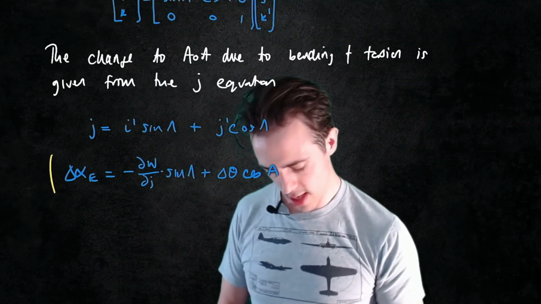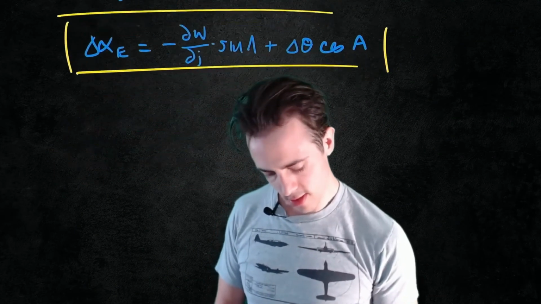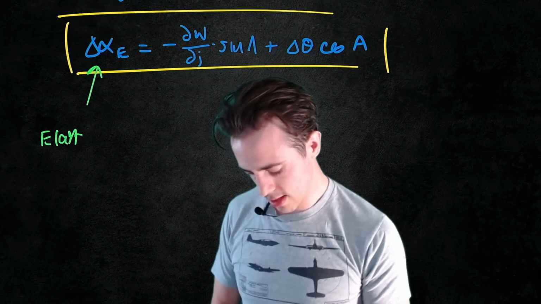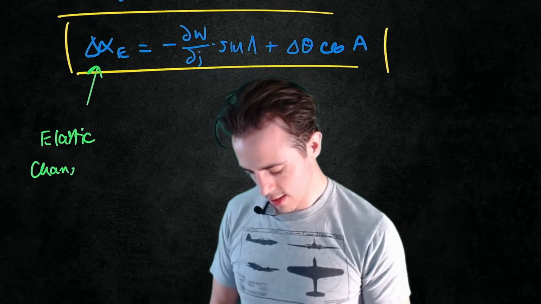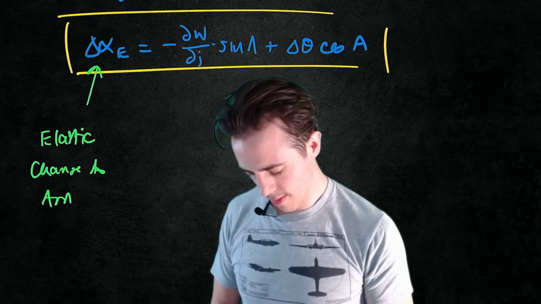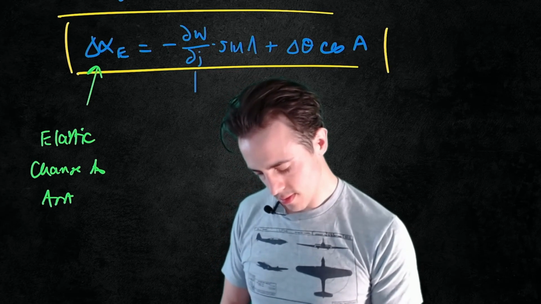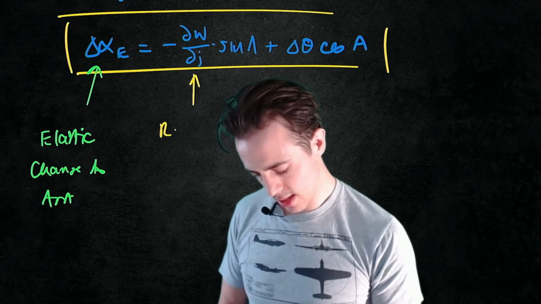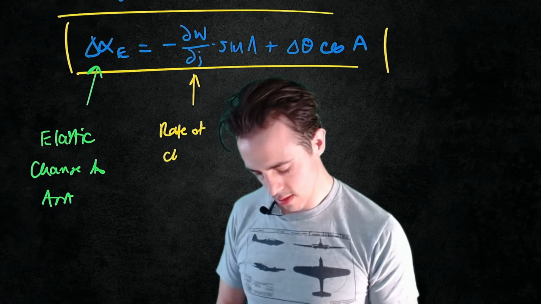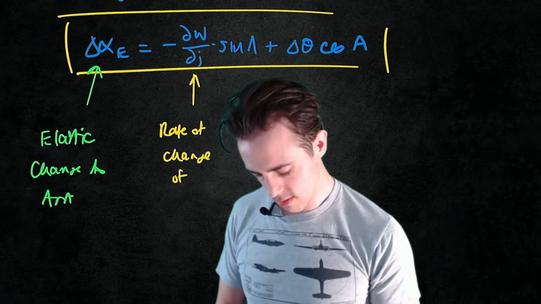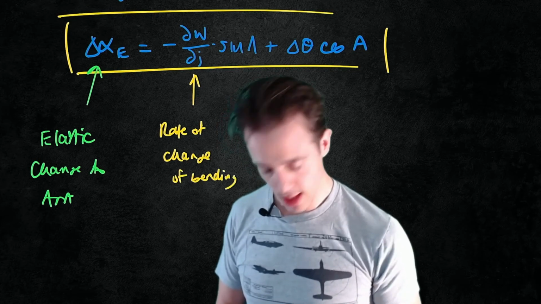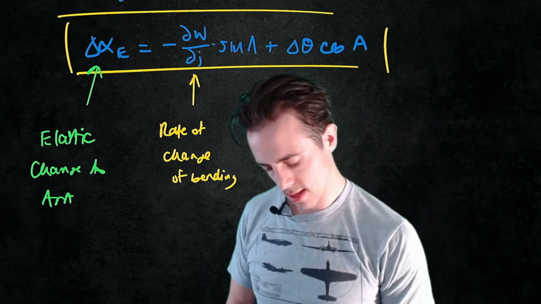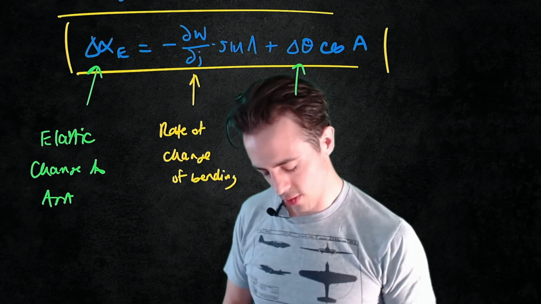So this equation here tells us that elastic change to AOA is equal to rate of change of bending, and that's again just with respect to the span-wise axis, and then this last term here is torsional twist.